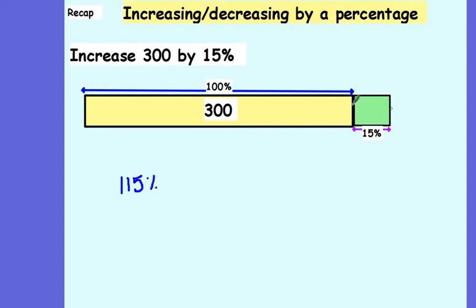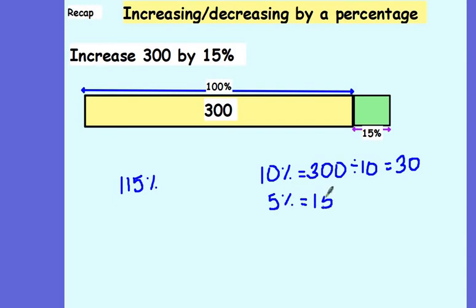To work out what this 15% is worth, I can say 10% is 300 divided by 10, which gives me 30. 5% is just dividing that by 2, which gives me 15.